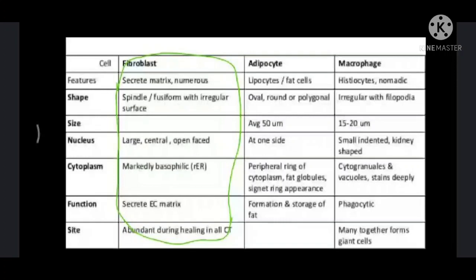So another cell is the plasma cell. Plasma cells are formed by the B lymphocytes. Remember the immunity again, B lymphocytes and T lymphocytes are B cells and T cells. Plasma cells are formed by the B lymphocytes, and they are round or oval in shape, and their size is up to 15 nanometer.